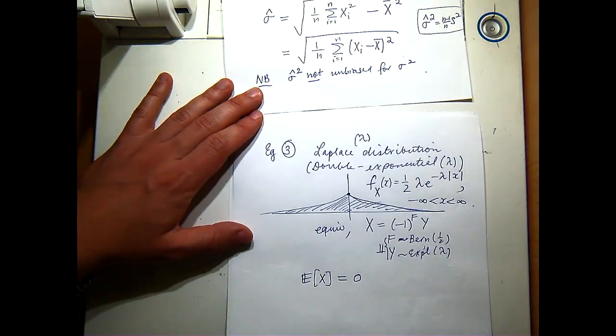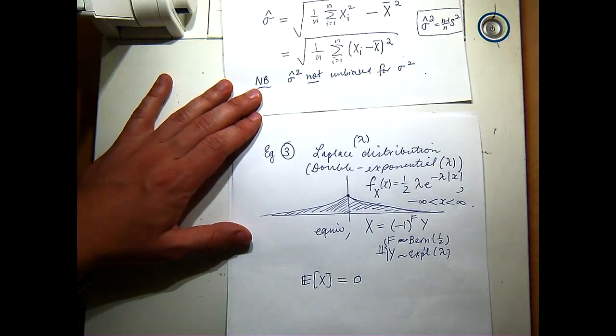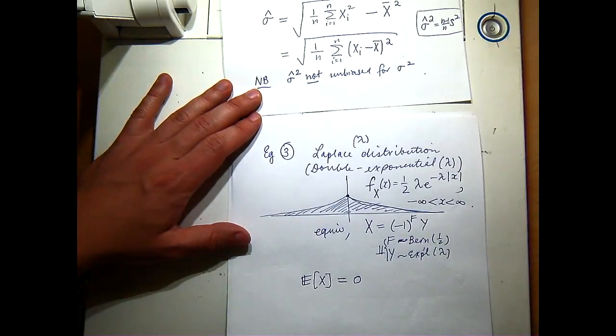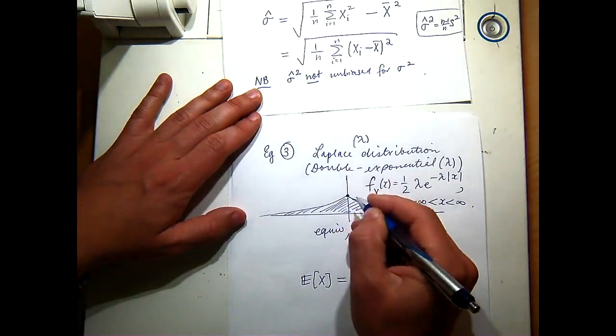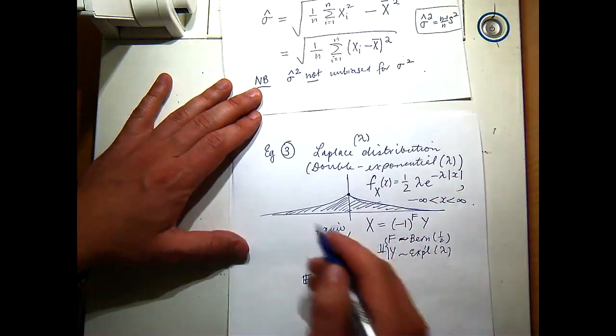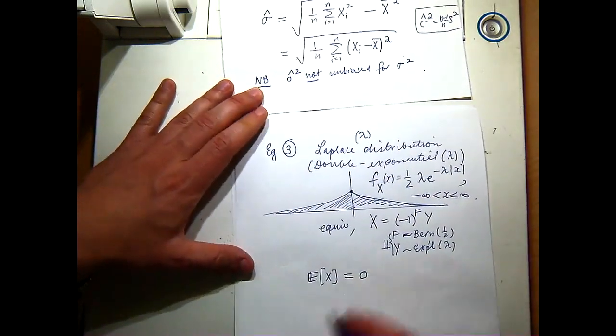Anything that's symmetric that has an expectation has expectation 0. The Cauchy distribution, which we talked about once, the tan of a uniform angle, is symmetric but doesn't have an expectation. So its expectation is not 0, the expectation doesn't exist. But it is fair to say if you have a symmetric distribution, it has expectation either 0 or does not exist. So this is definitely 0, since you've got an exponential tail, that's very easy to check.